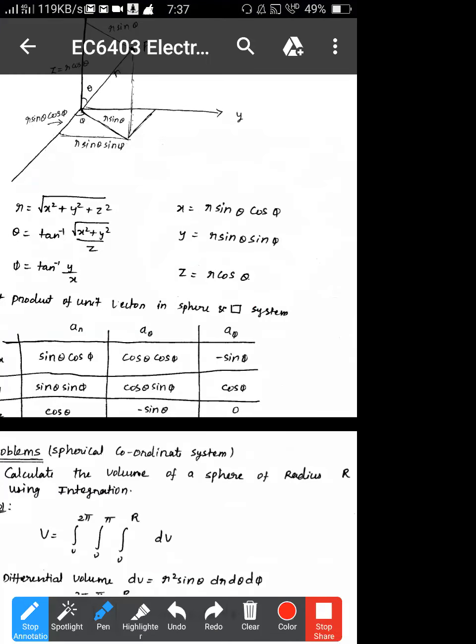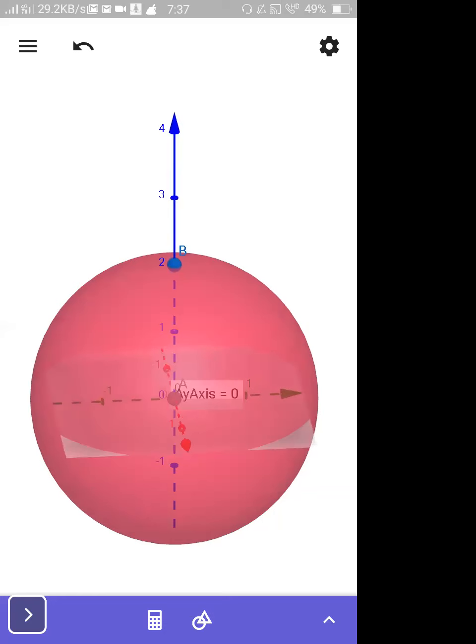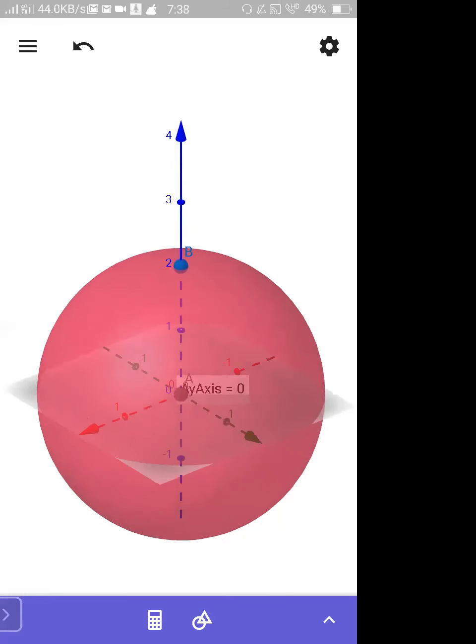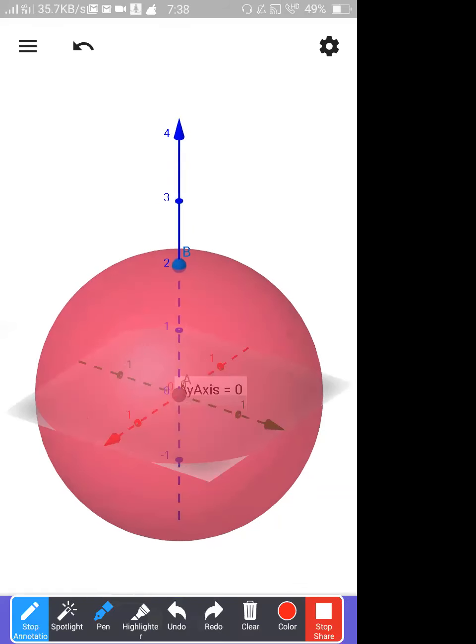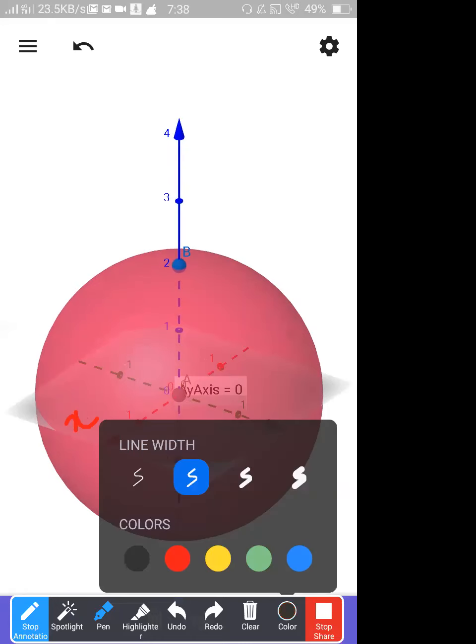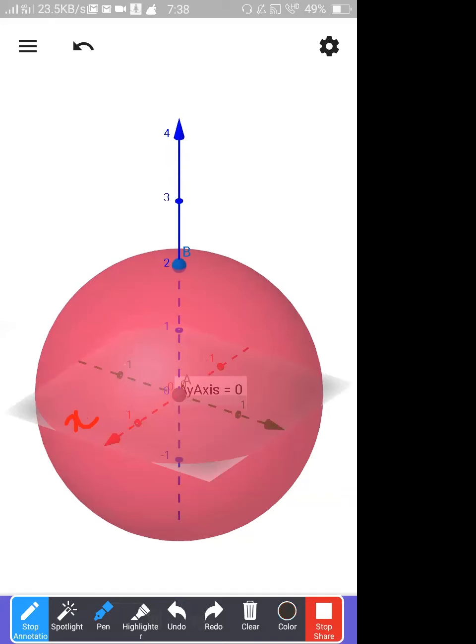Now I have already drawn a sphere here. Already you know this is the x-axis, this is the y-axis, this is the z-axis.